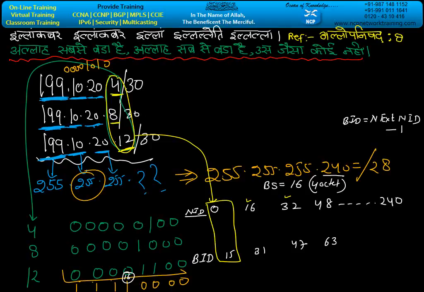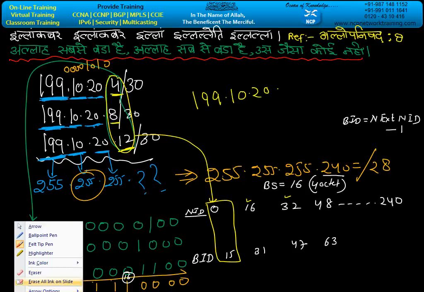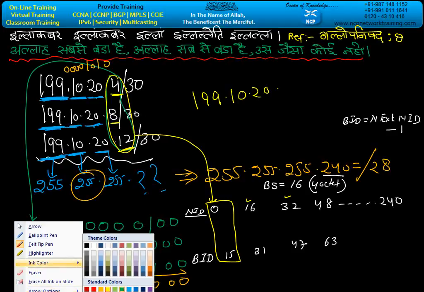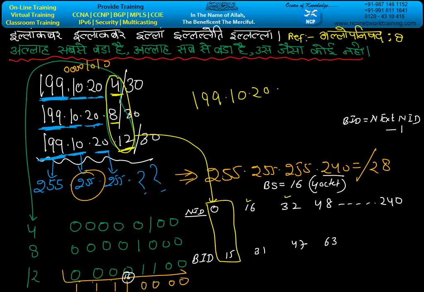We have already reserved 24 bits, 199.10.20. That is already reserved. We have to find out the value of the 4th octet. If 4, 8, 12 were coming in the second group, this 16 would be placed here.